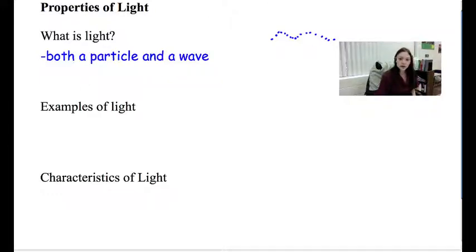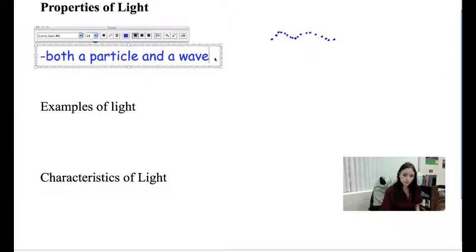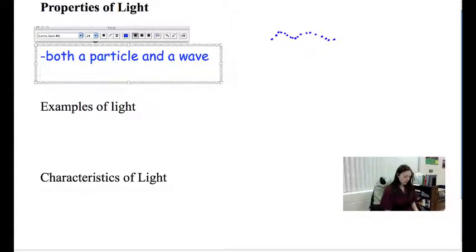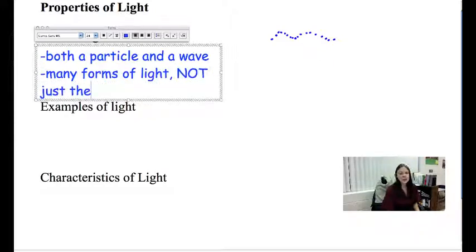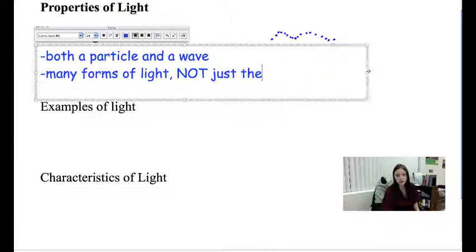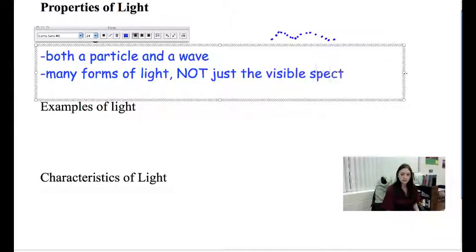Now, along with light, and what exactly it is, there are many, many forms of light. Not just the visible spectrum, or the colors that you can see. And like I had mentioned just a minute ago, all of these forms of light, including the visible, are called the electromagnetic spectrum.